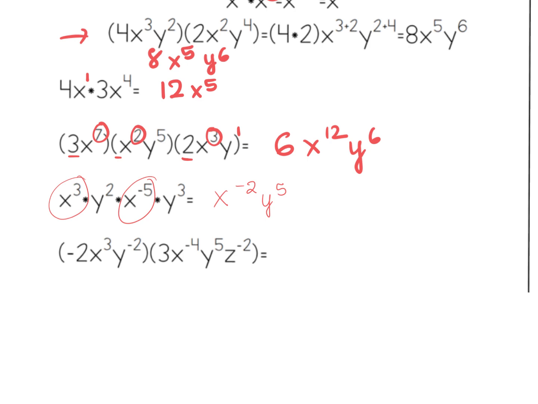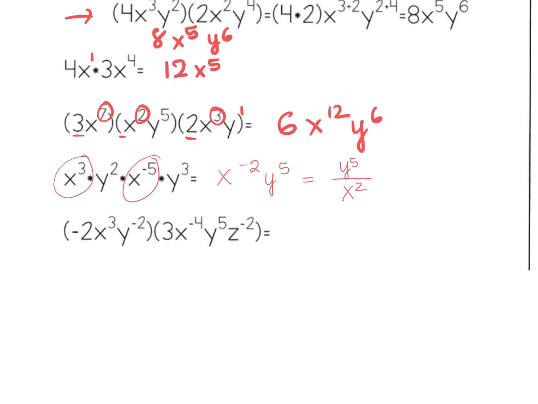Now, x to the negative 2 will have to be a positive exponent for your final answer. So if you see a negative exponent, we have to flip, or we do the reciprocal. So we have x squared at the bottom, okay? And y to the 5th will still stay the same, okay?